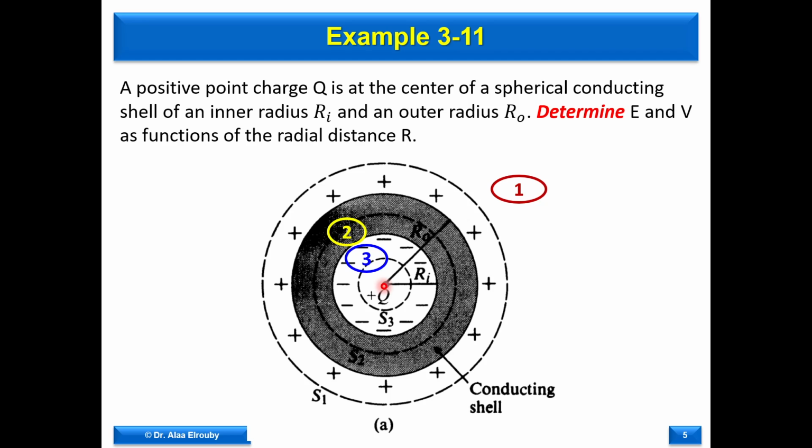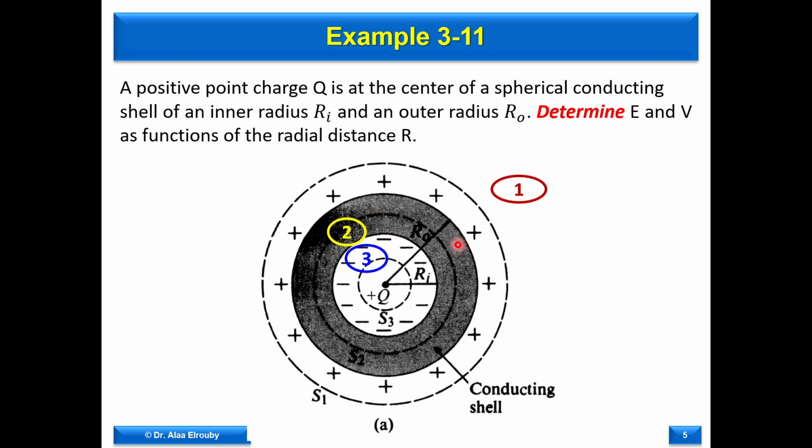And in the center of this conducting sphere, there is a positive point charge. We are requested to determine E and V, the electric field and electric potential, as a function of the radial distance R.